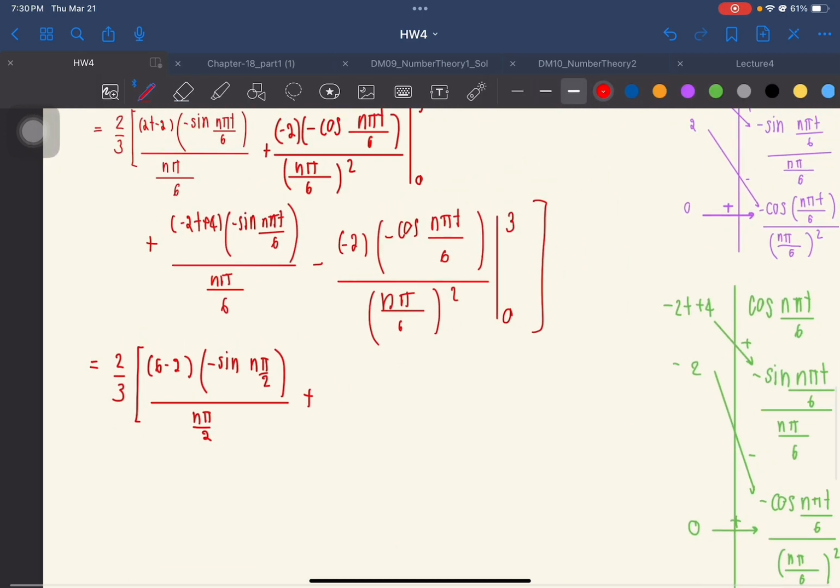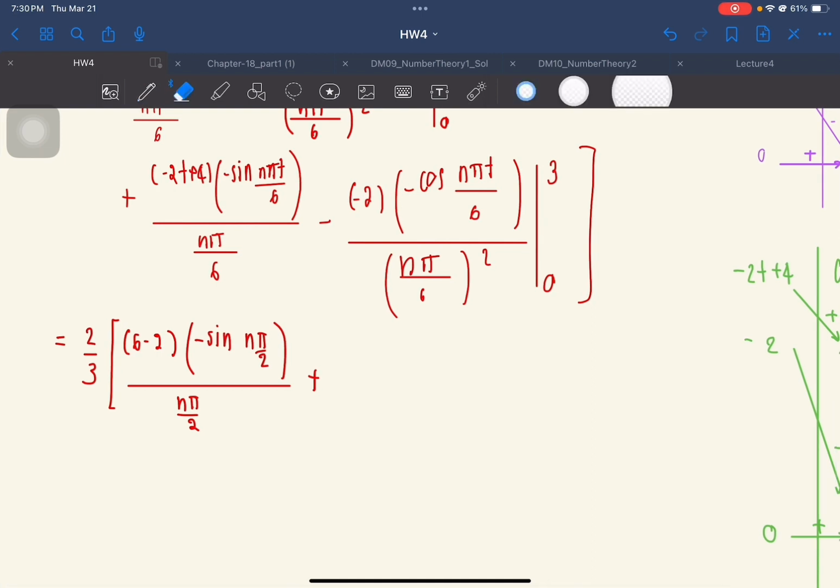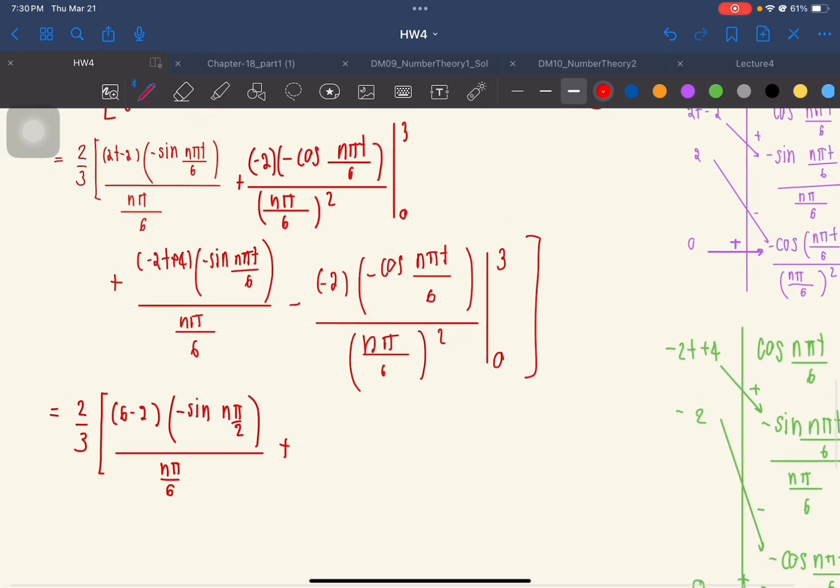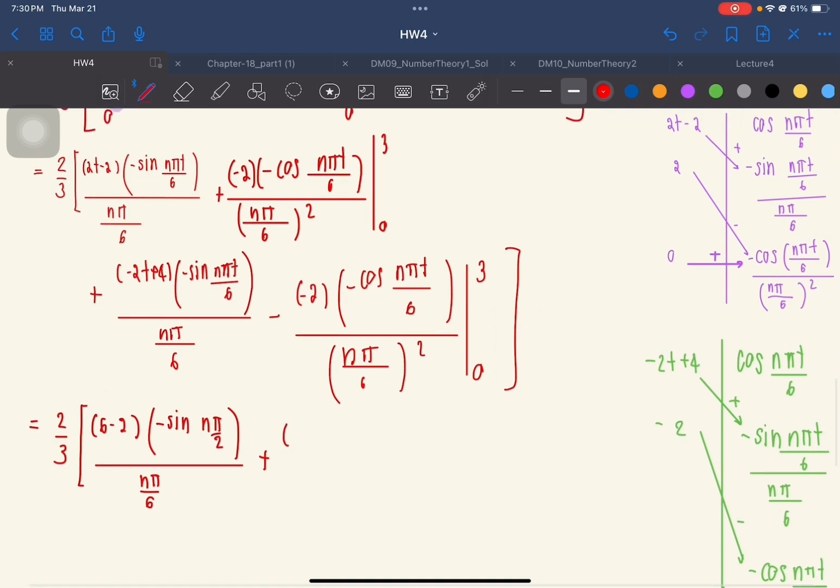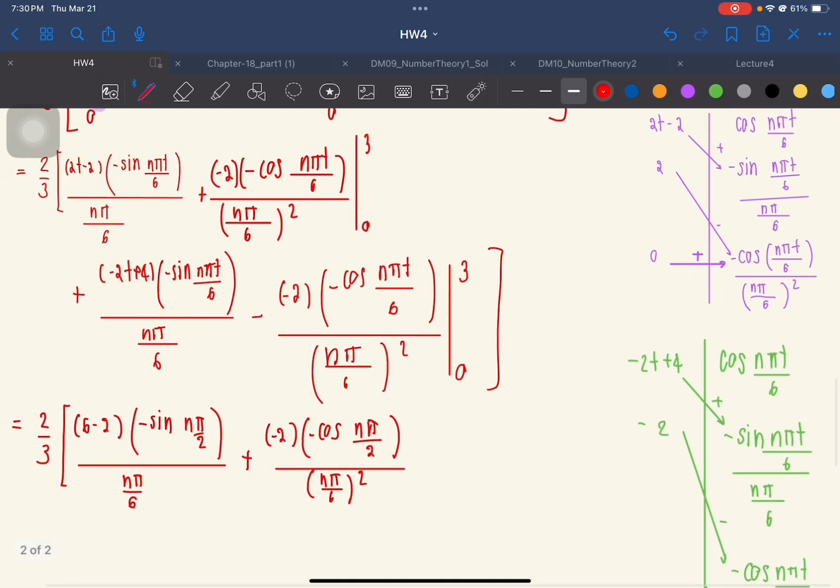Okay, so cos n pi over 6, and cos, minus 2, 3, is equal to minus 0.